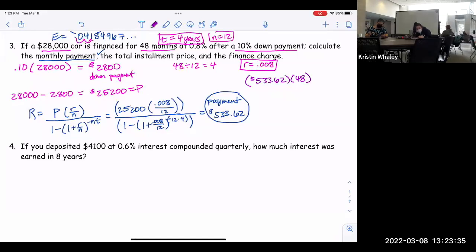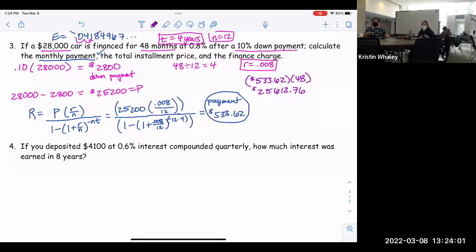If I do $533.62 times 48, that's going to give me a total of $25,613.76. So that's what I'm going to pay back over the 48 months of this loan.